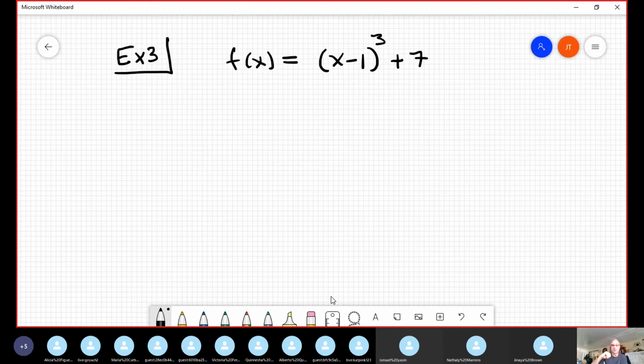Okay, remember the procedure. Step number 1 is to identify which function in the library of functions we have in college algebra this example belongs to. What is it? Cubic.